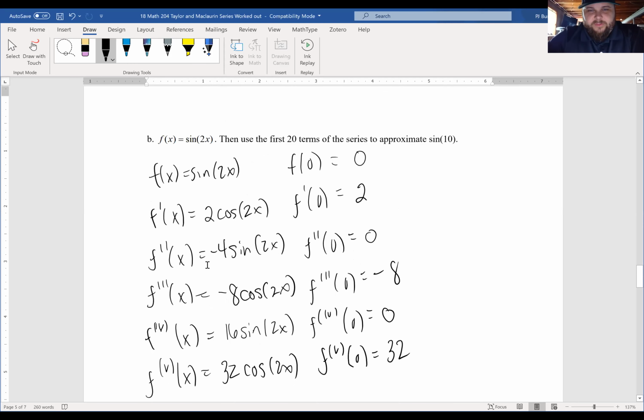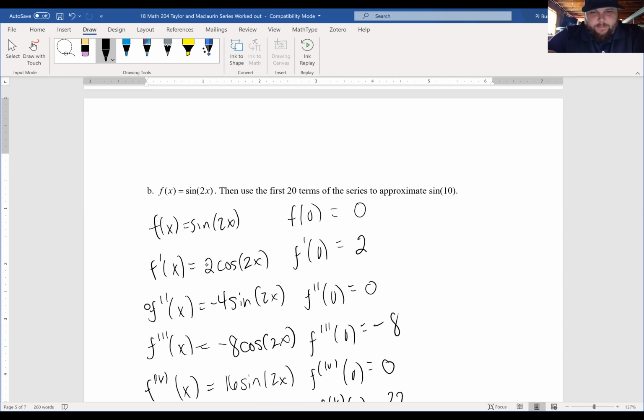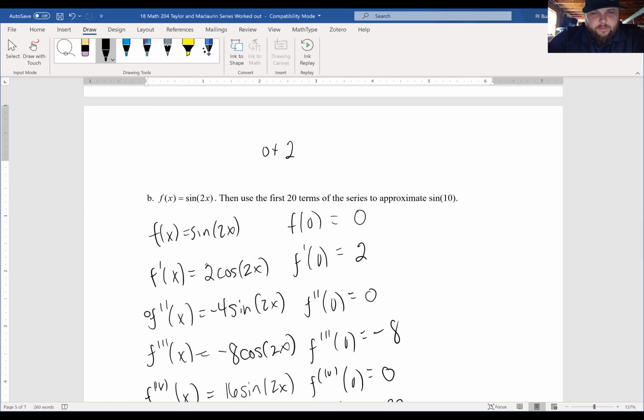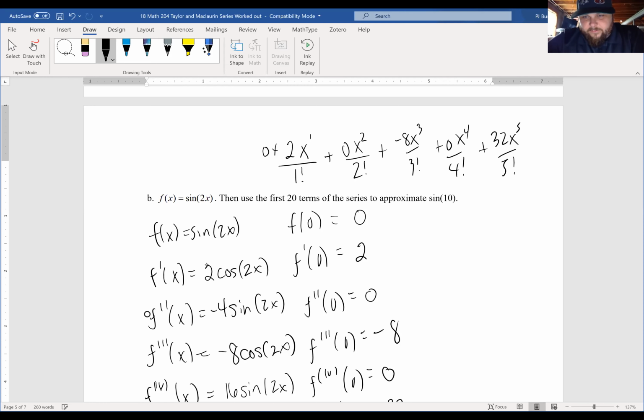So then if I write out the first couple terms, I've got 0 plus 2 times x to the first over 1 factorial plus 0x squared over 2 factorial plus a negative 8x cubed over 3 factorial plus 0x to the fourth over 4 factorial plus 32x to the 5th over 5 factorial. Good with that so far? Okay.